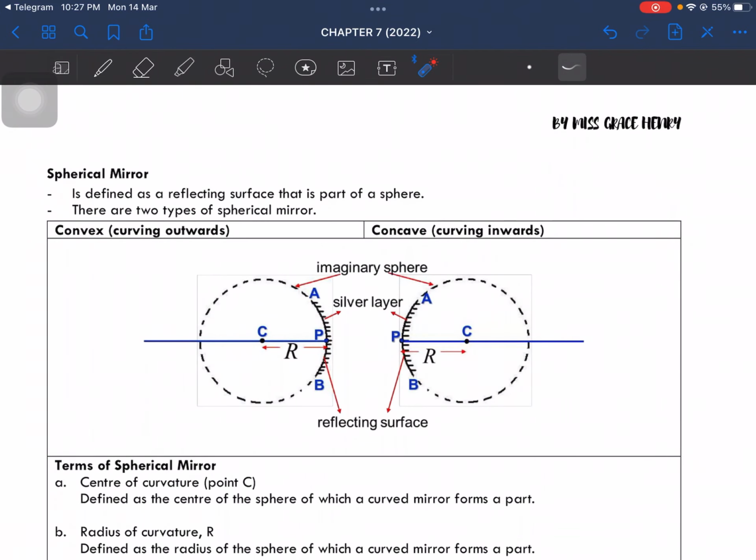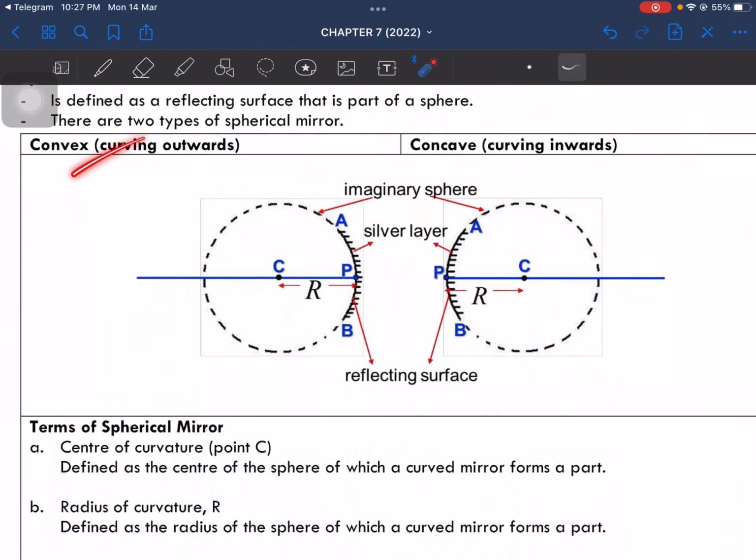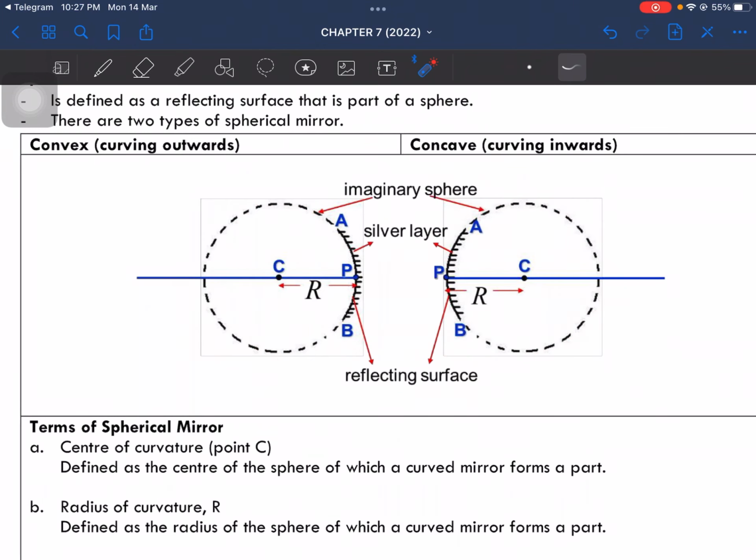Now, a spherical mirror is defined as a reflecting surface that is part of a sphere. There are 2 types of mirror: the first is convex and the second is concave. Actually I should have labeled this one correctly, because now you would expect this to be the convex mirror and this the concave mirror.